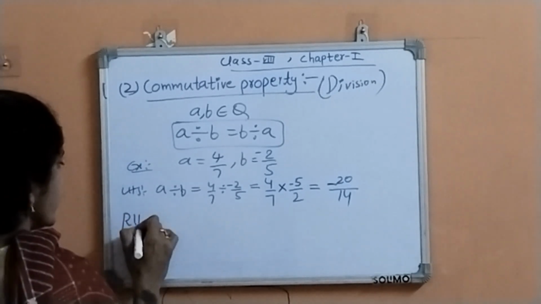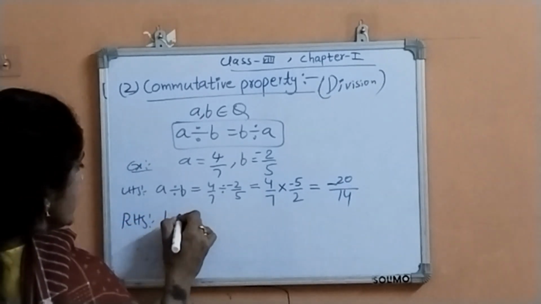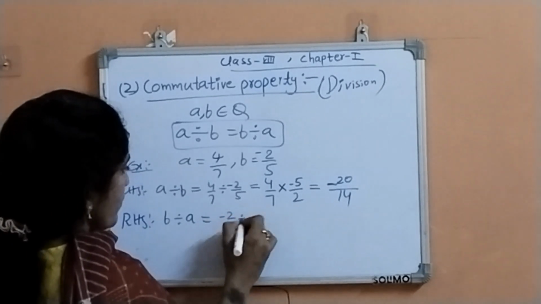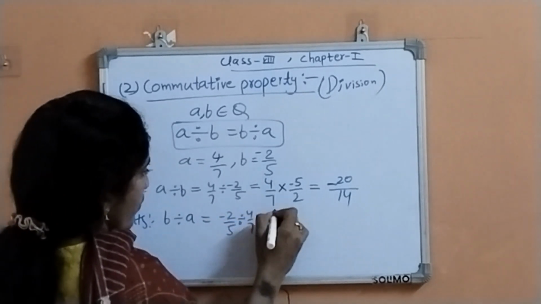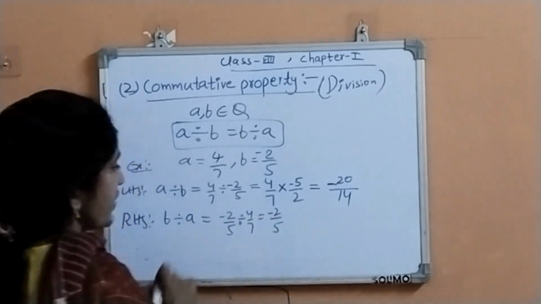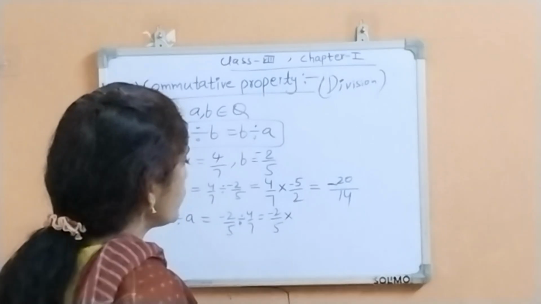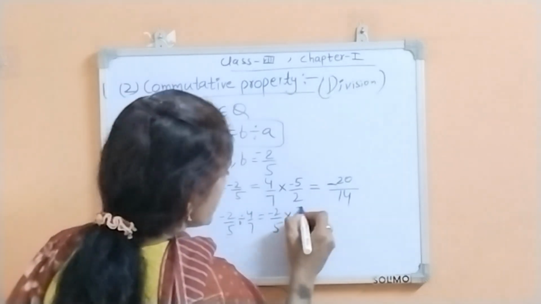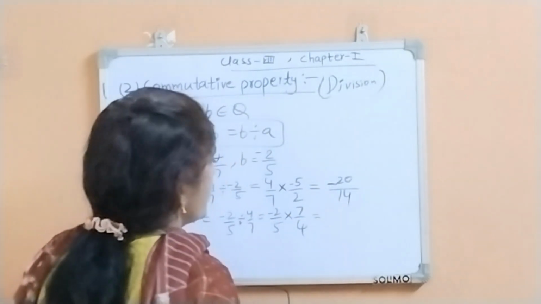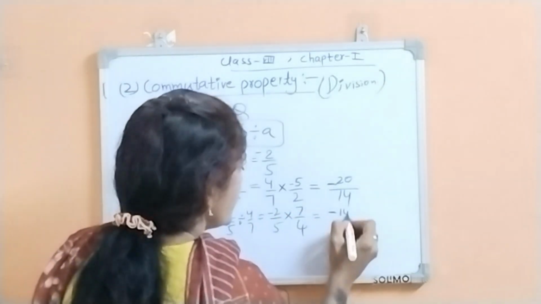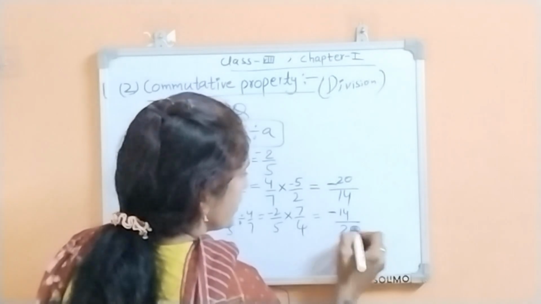Now I am going to check RHS. So B division A. B means minus 2 by 5, division A means 4 by 7. So minus 2 by 5. The first fraction I am going to keep as usual, convert division to multiplication, and write the reciprocal of the second fraction. So minus into plus is minus. 2 sevens are 14 by 5 fours are 20.